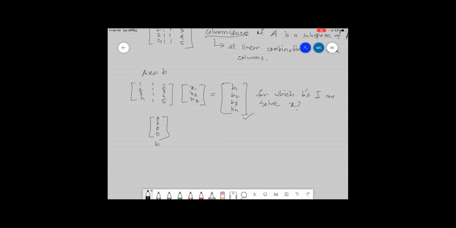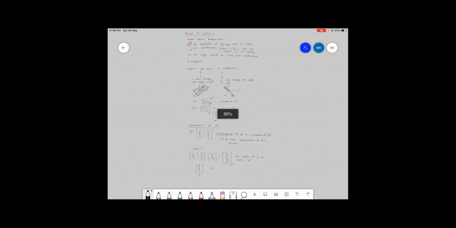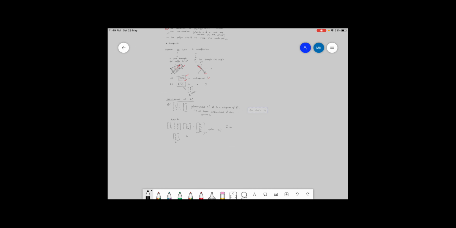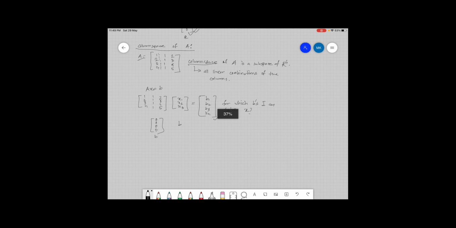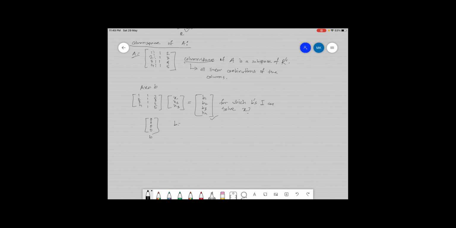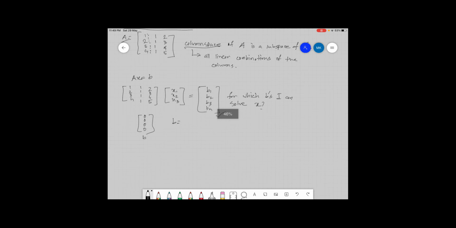So one example solution can be b equals 1 2 3 4. We can have this b. How?